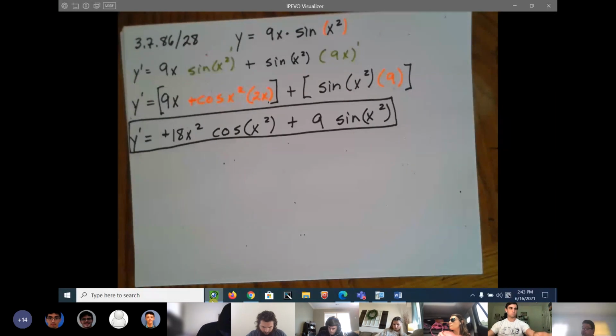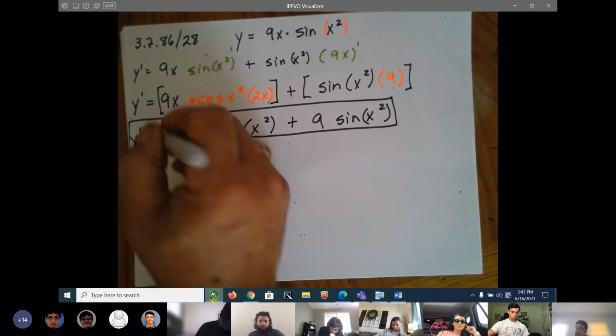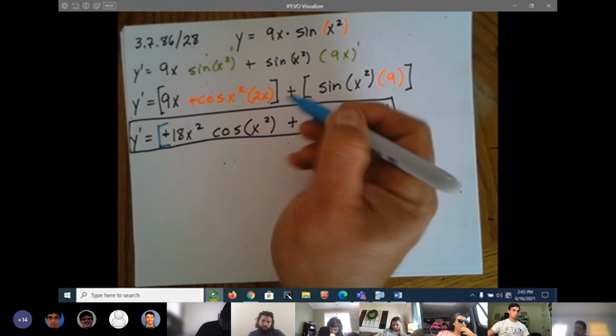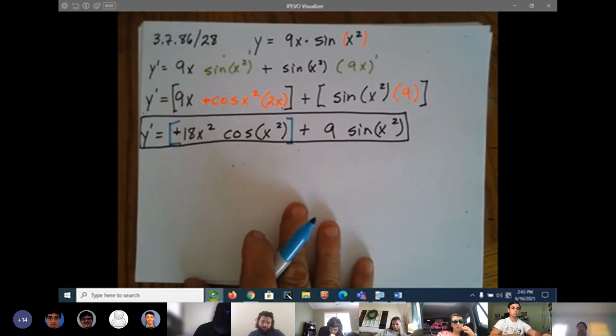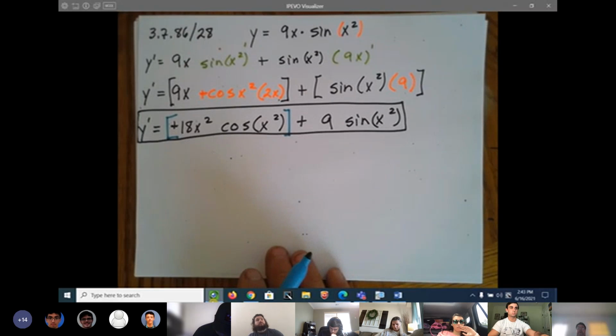So we're going to have to do the product rule again, and then just take the derivative of 9 sine x squared. So I'm going to take my blue marker and put a blue set of brackets there, because that's my product rule again.